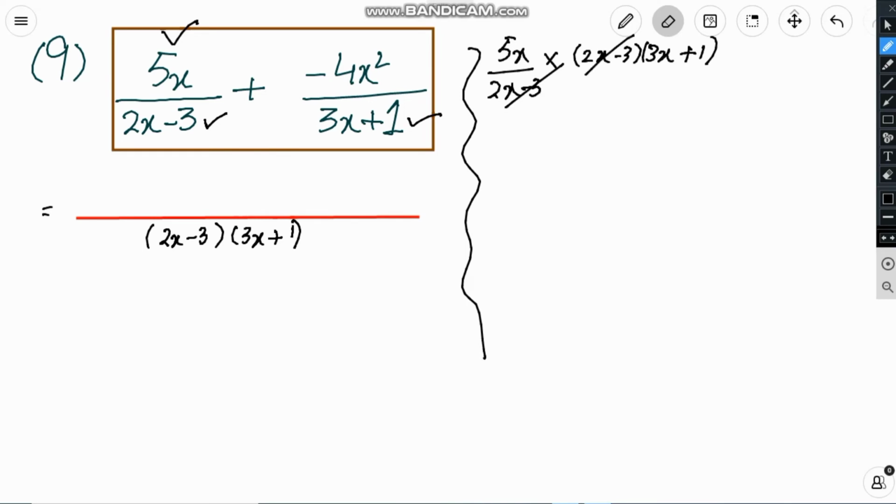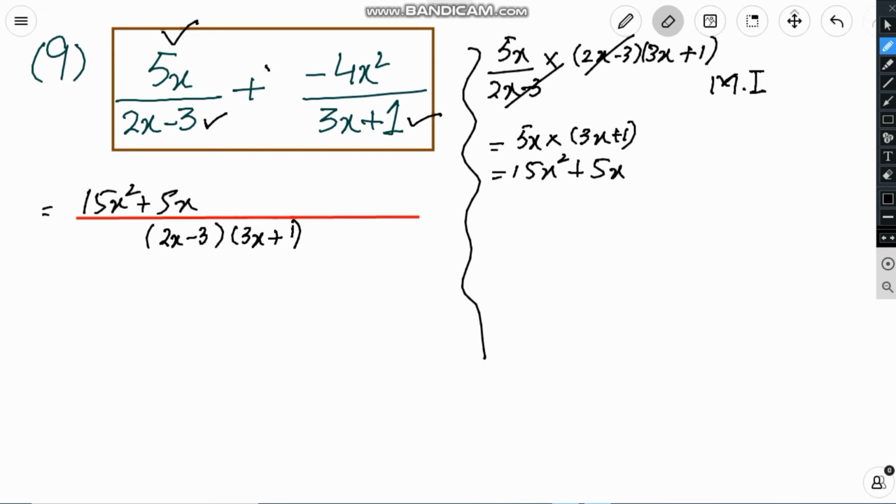You can cancel 2x minus 3 because these two are multiplicative inverses of each other. Now what remains? 5x into 3x plus 1. So just multiply these two terms. It becomes 15x square plus 5x. So just write 15x square plus 5x here.